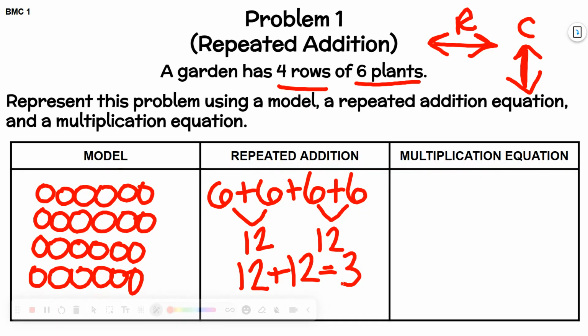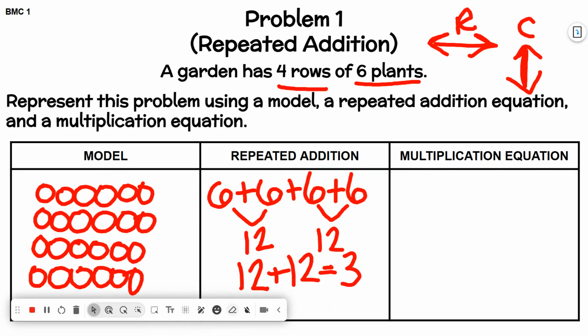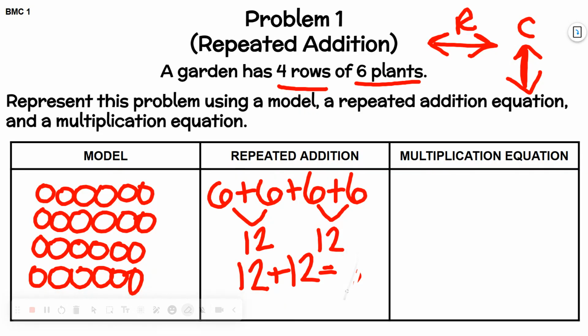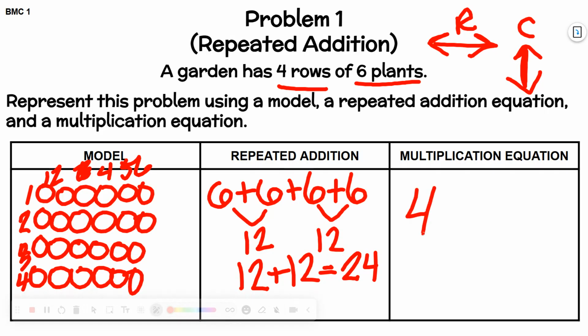See, even Miss Allen makes mistakes and she's trying to figure out all this. It'll get better as the weeks go on, trust me. Anyway, it equals 24. And then for the multiplication equation, I had 4 rows of 6. So I'm going to do 4 times 6, and that equals 24.